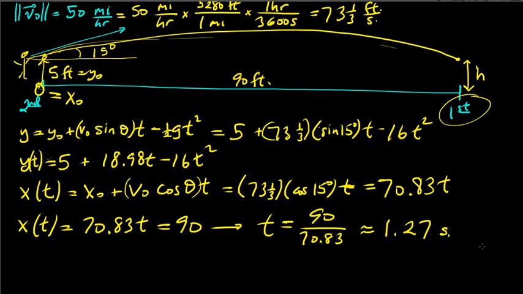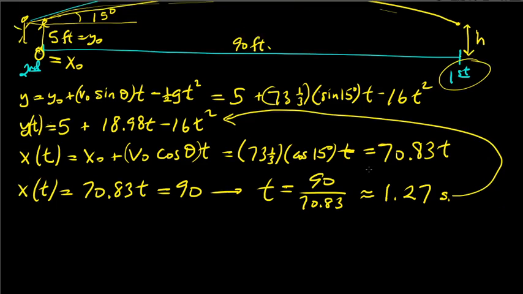Okay, well, guess what? Now we can answer the question because that's what we plug into y now, right? So y, evaluated at 1.27 seconds, will tell us the height at first base. So it's going to be 5 plus, sorry, that's a 5, not an S. I know my 5s sometimes look like S's.